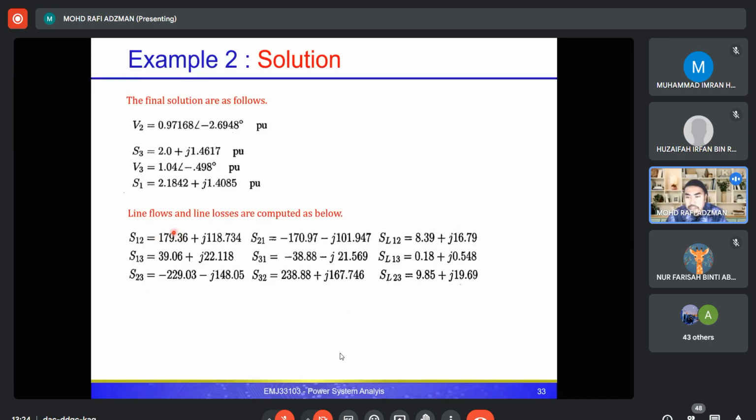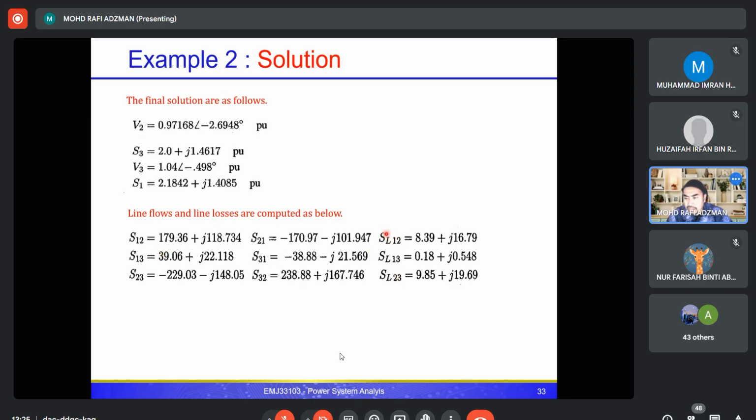So the line flow and the line losses are computed as follows. Line flow equals S12, equals your P12 and Q12. Okay. So you find S12, S21, S13, S31, and S23, S32. Okay. Then you get these values, you can find the line losses.